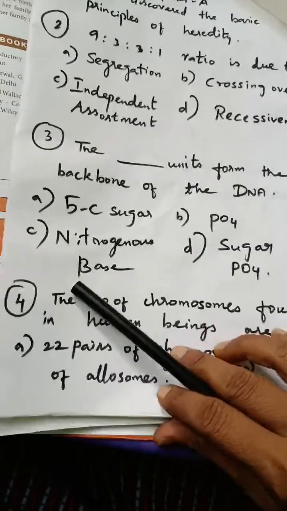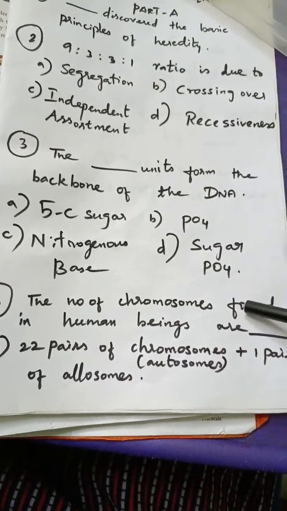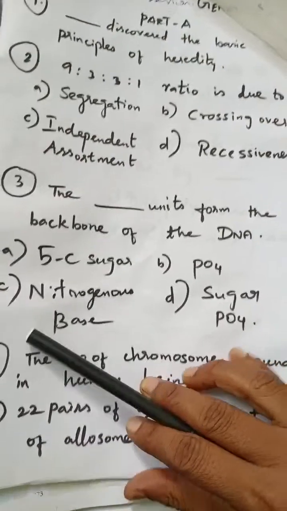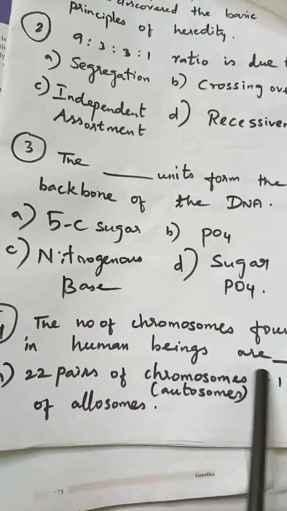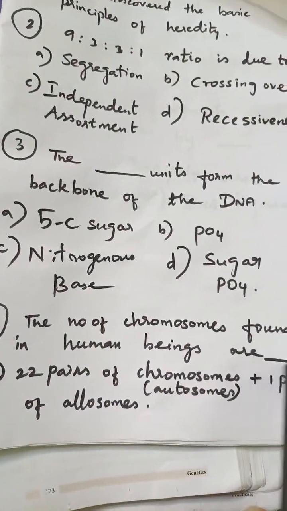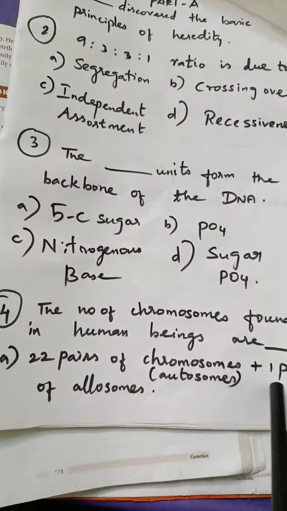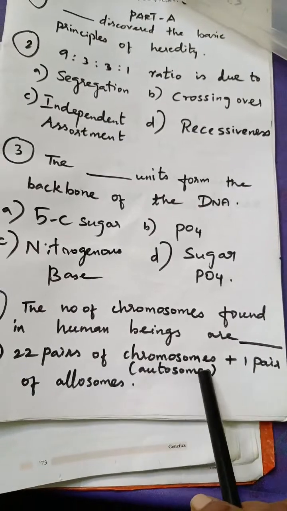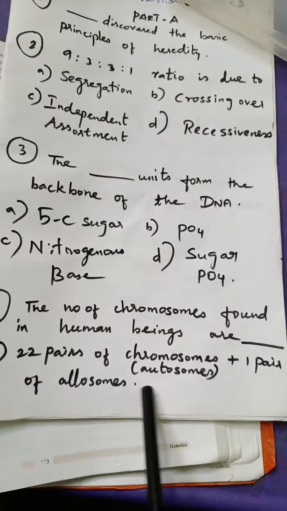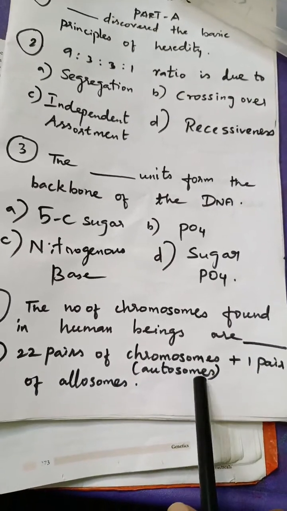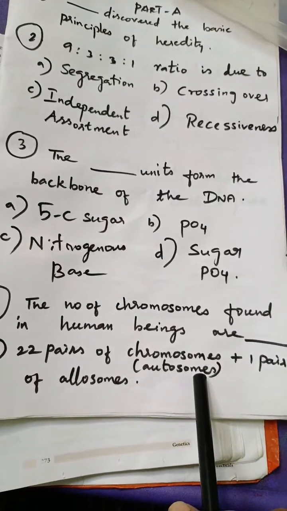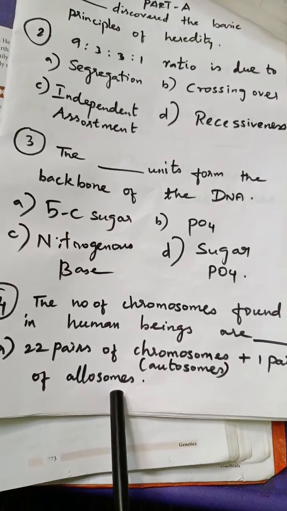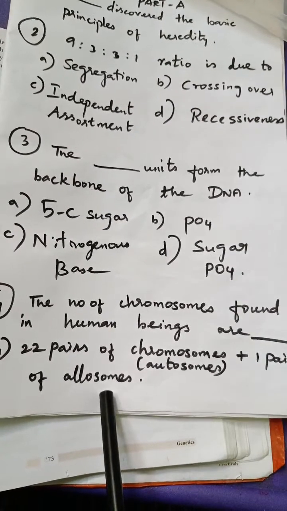And the fourth question is, what is the number of chromosomes found in human beings? Again 4 options have been given. The first is 22 pairs of autosomes plus 1 pair of allosomes. I told you that autosomes are the growth chromosomes and allosomes are the gender or sex chromosomes.